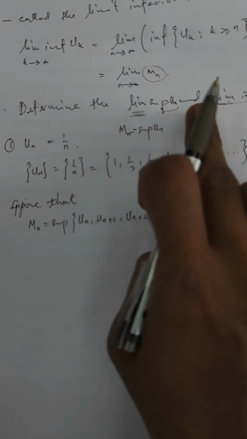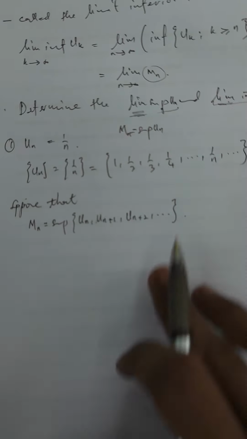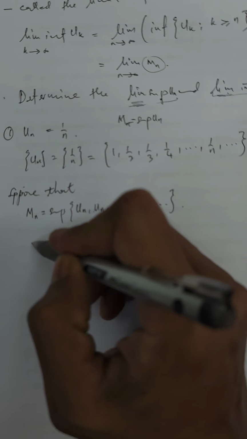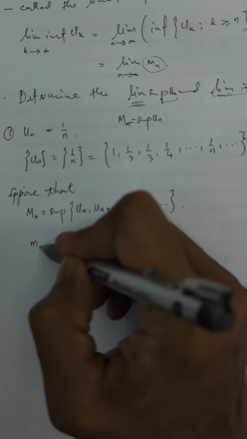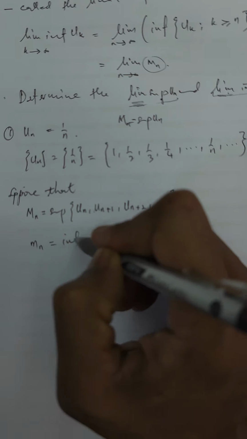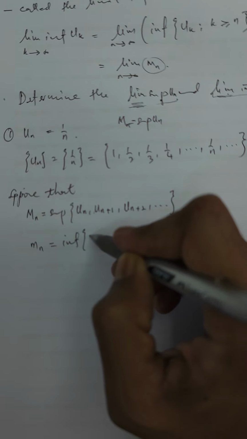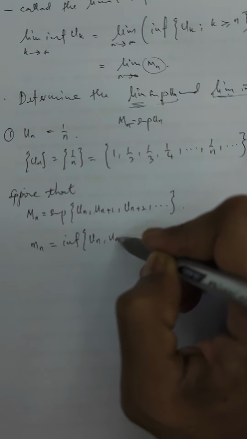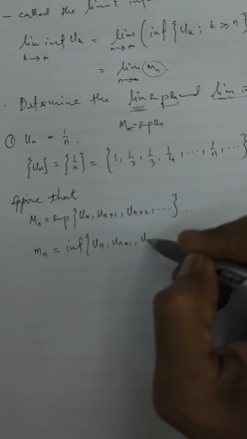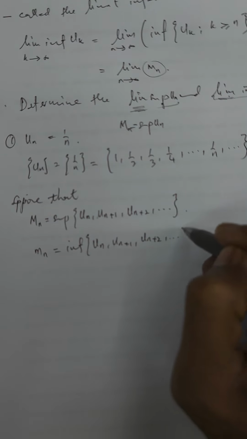And do the same because we want to find lim inf as well. So we also define small mn as an infimum of un plus 1, un plus 2, and so on.